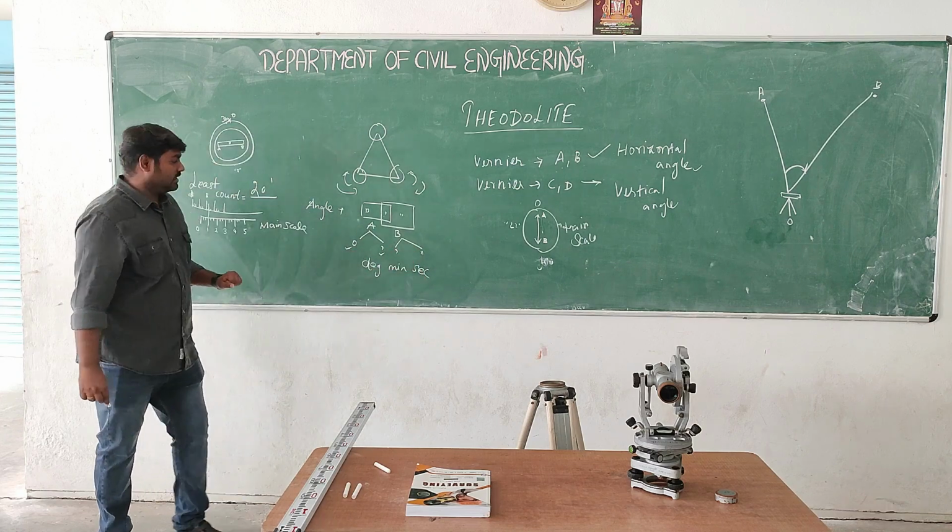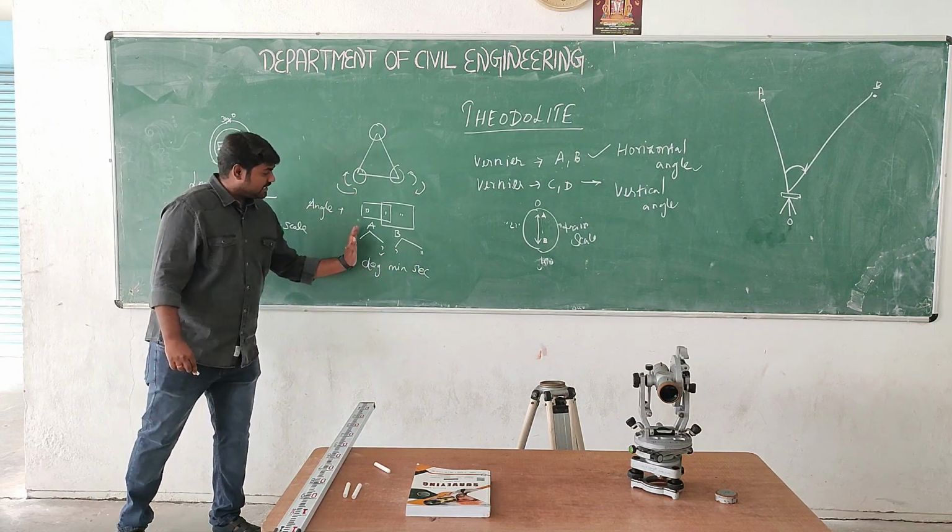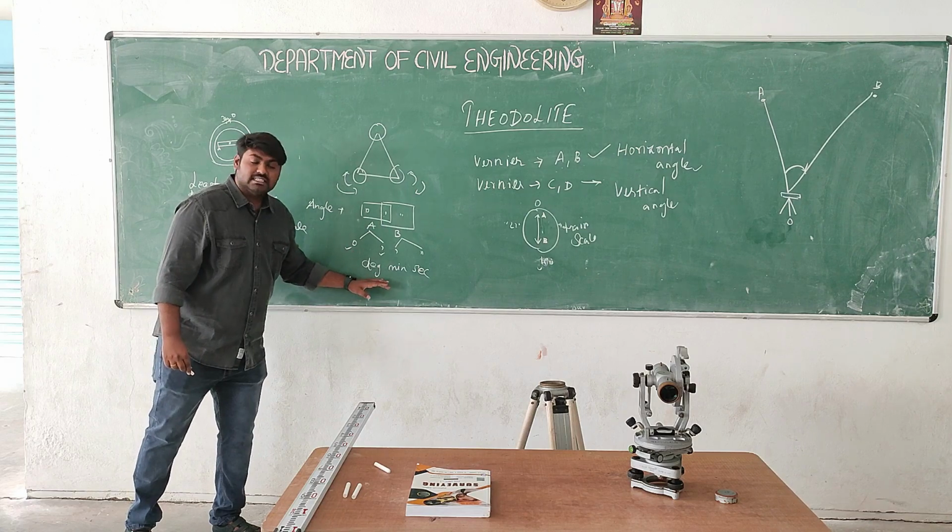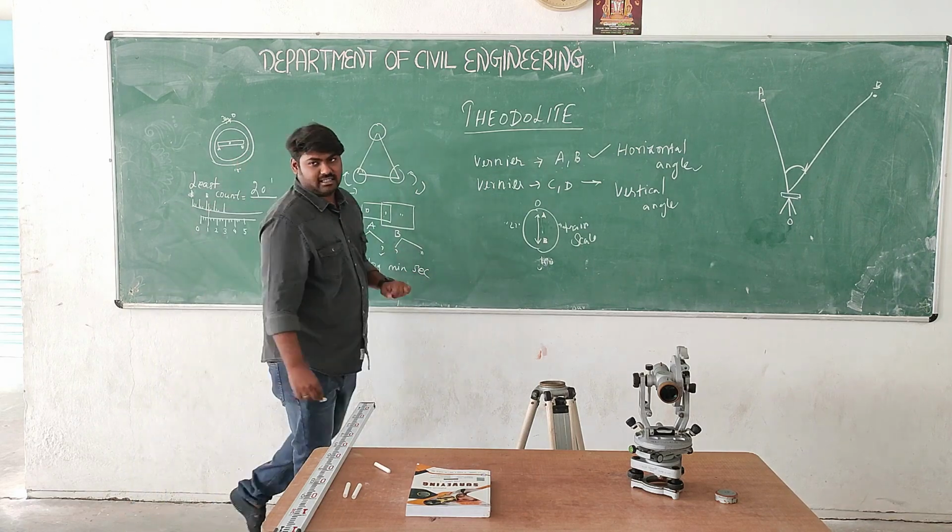So we club vernier A and B, and directly we get degrees, minutes and seconds.